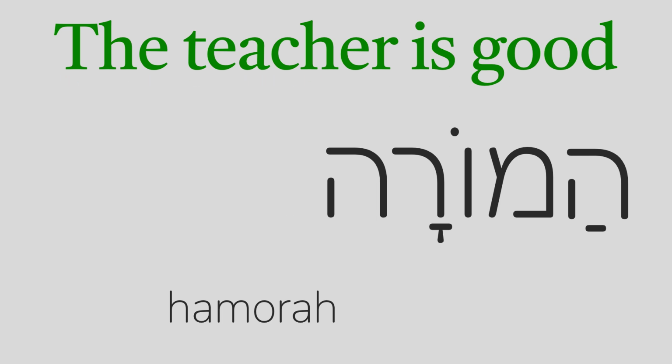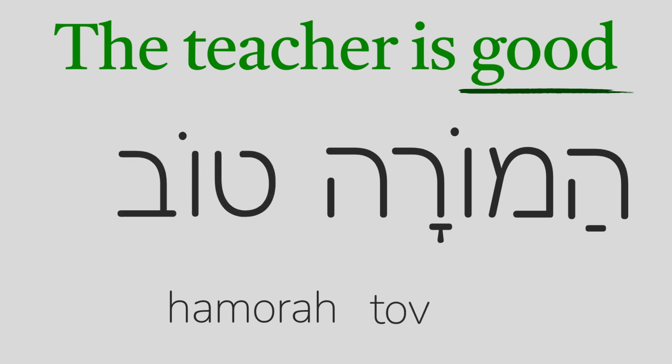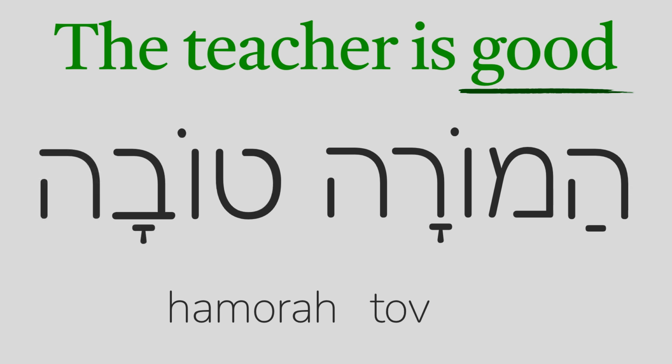The default masculine singular form of the adjective good in Hebrew is tov. This adjective needs to be put into its feminine singular form to agree with mora, so we just add an a ending onto tov to get tova. So we have hamora, the teacher, and tova, good.